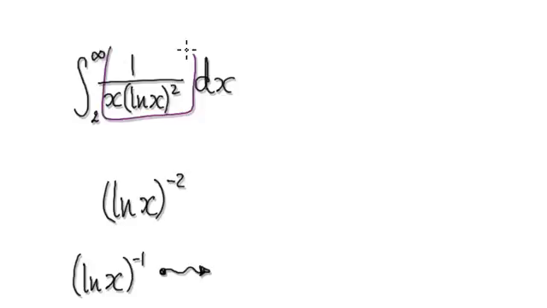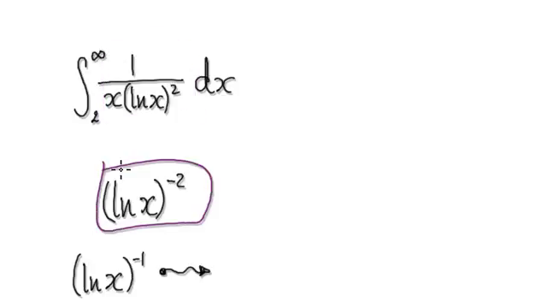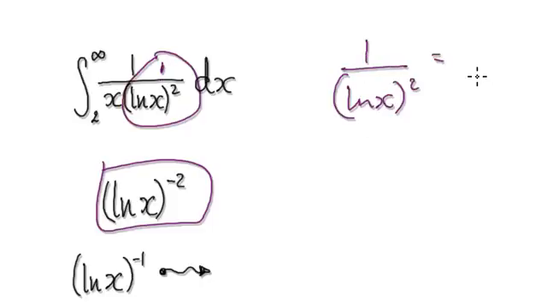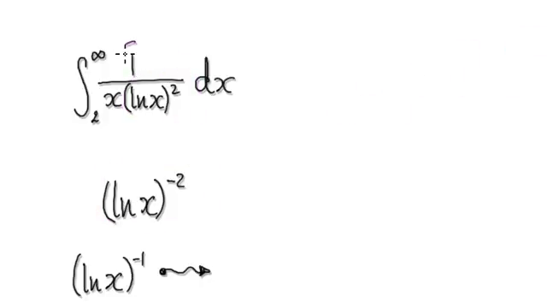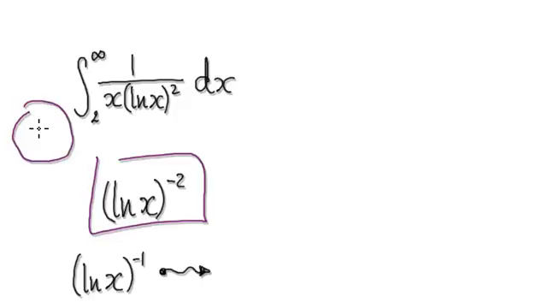So in your mind, visualize this, because this is 1 over natural log x squared, which is the same as natural log of x to the power of -2. Because you know that this is going to be the exact derivative of this, let's just forget about this for the time being. You are looking for something that when you differentiate it, it will give you something along this line. Well, you know it's going to be 1 notch above this.